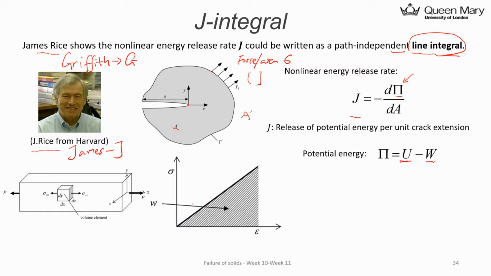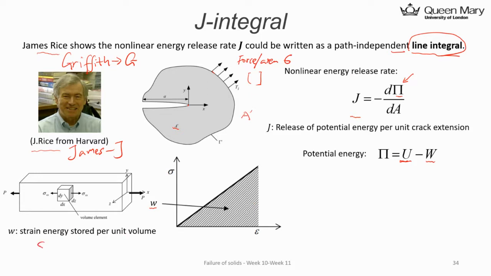For linear elastic material, you have the stress strain curve behave linearly like this. So the strain energy per unit volume, for that small amount of material, is equal to this area, which we can call omega. That is the strain energy stored per unit volume.